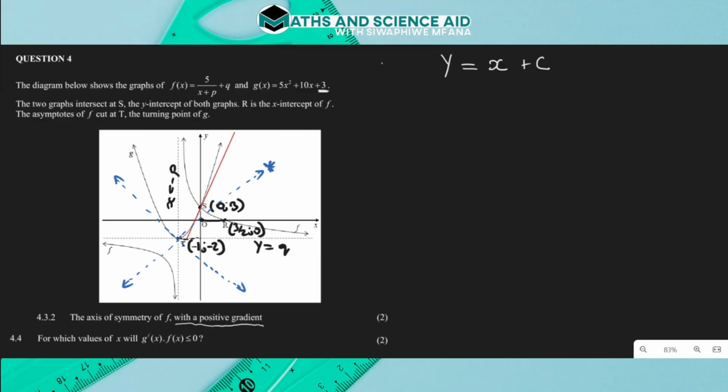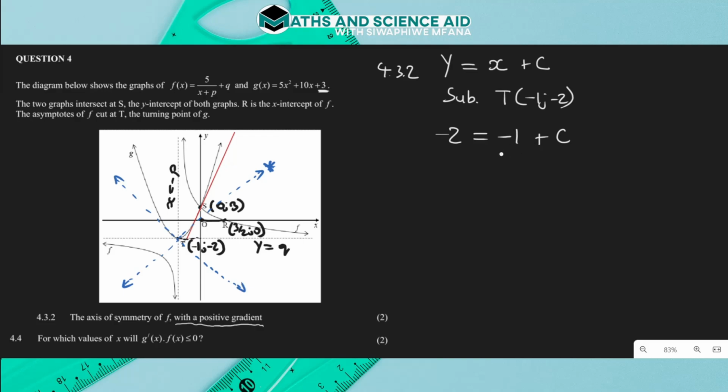So to answer 4.3.2, what we are going to do is we'll just substitute the coordinates of T in this case, which are -1 and -2, exactly where the axis of symmetry passes through. And so if we substitute this into this general equation, we will have -2 is equal to -1 plus c.